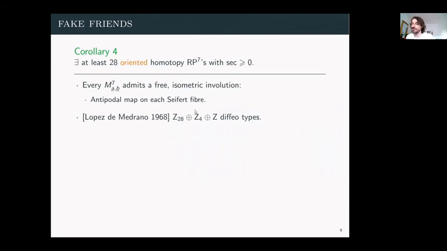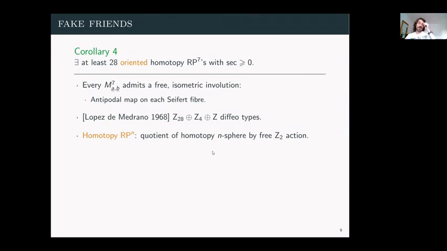One is in Z mod 4, called the normal invariant, a surgery theory invariant. And the other one is called the Browder-Livesay invariant. And you see that there are infinitely many possibilities for this Browder-Livesay invariant. So this is what I meant when I said there are infinitely many homotopy RP7s. Depending on which involutions you take, you could have this Browder-Livesay invariant being whatever it wants to be.